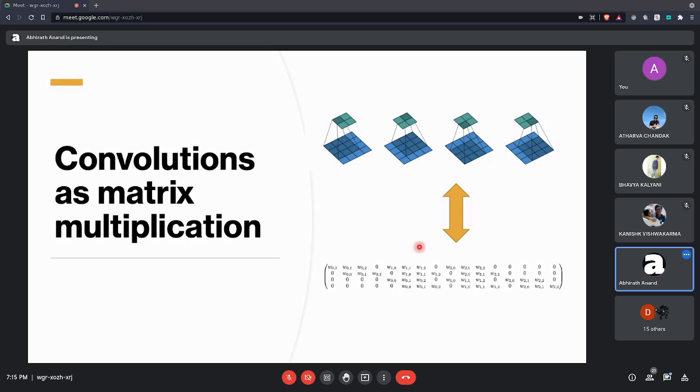So basically, we are able to represent convolutions, as we saw over here, as a matrix multiplication. The process involves first forming this sparse matrix, then completely unrolling the input vector, multiplying, getting a completely unrolled output vector, which you then reshape to get back your output matrix. So this is how you can represent convolutions as matrix multiplications, and this is used in some frameworks for implementing convolutions as well.